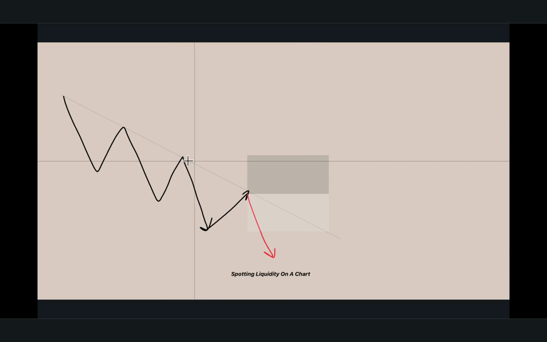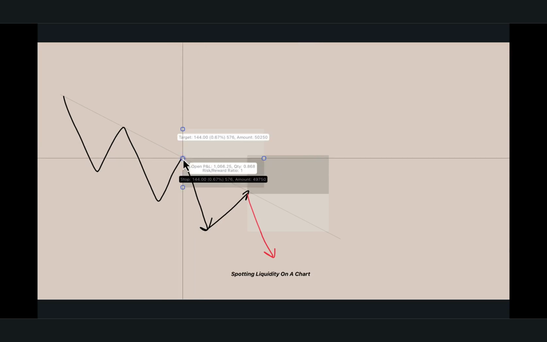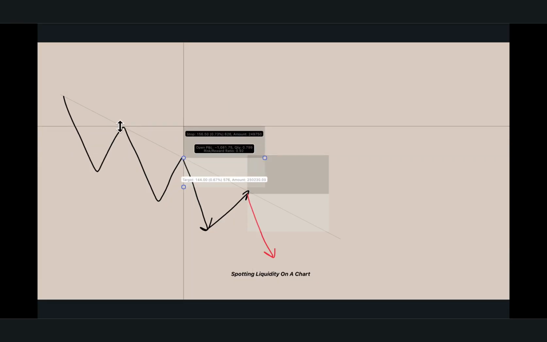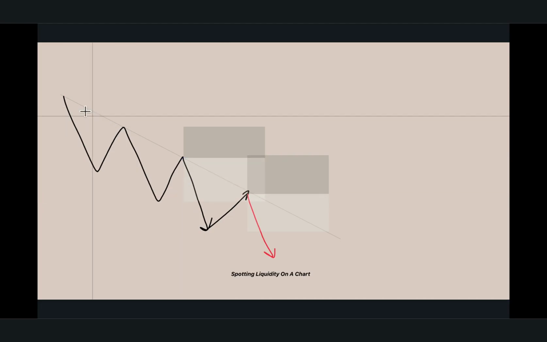You can start to see why price will draw to these levels, and it's because there are lots of orders resting above either the trend line or these previous highs. If everyone keeps selling every time it touches this line that they subjectively drew, that would build up a lot of orders.